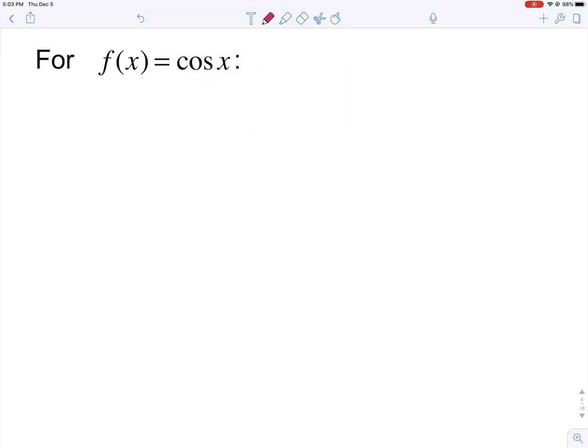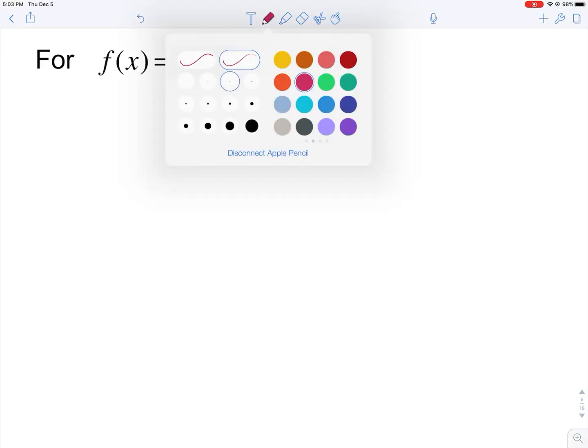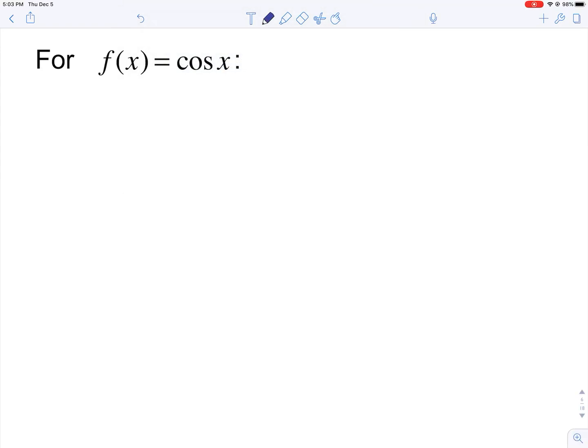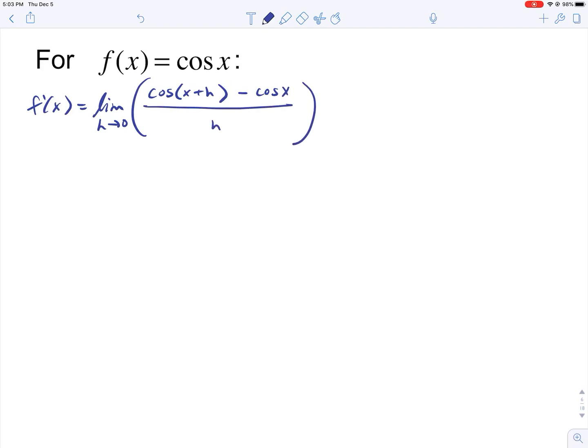So again, we're using the limit definition of the derivative. So f prime will be equal to the limit as h approaches 0 of cosine of x plus h minus cosine of x all over h.